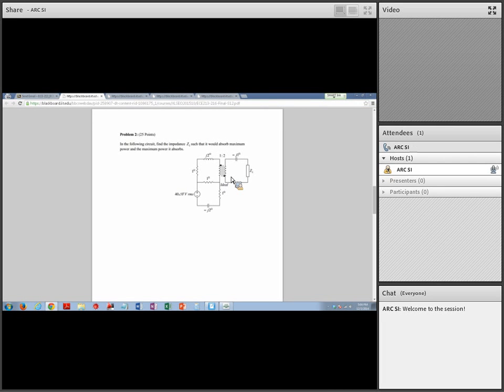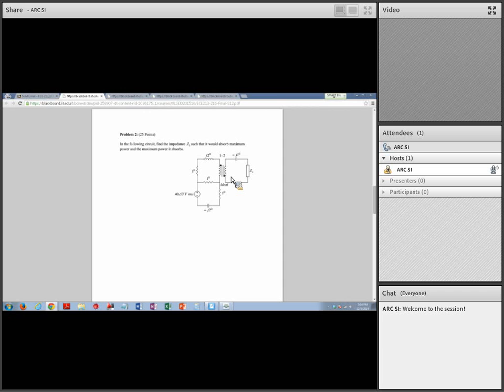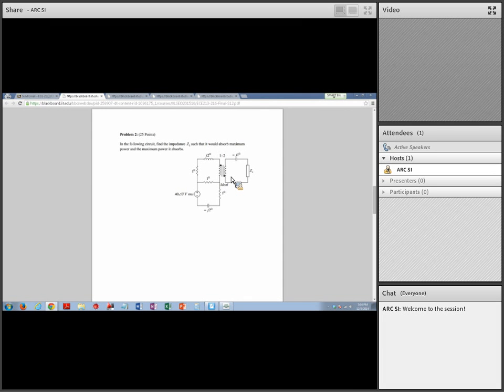For D, the dots are flip-flopped, right? And the pluses are on the same side, minuses on the same side. So V1 over V2 is negative of N1 over N2. Oh, they're opposite. Yeah. But if you placed this plus over here, it would be the same. Okay. Same symbol. This is just convention.